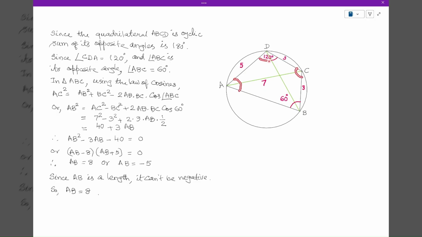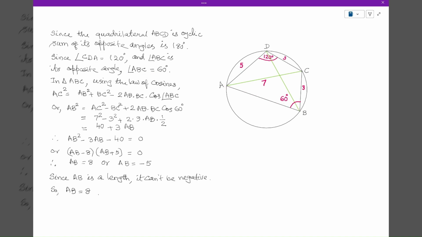Therefore, this angle plus this angle is 180 degrees. This being 120 degrees, this angle will be 180 degrees minus 120, and that is equal to 60 degrees. So angle ABC is 60 degrees.